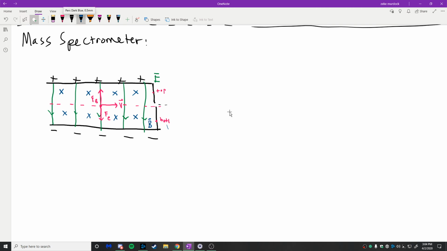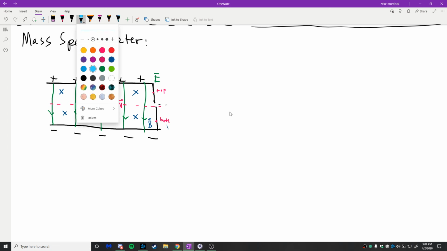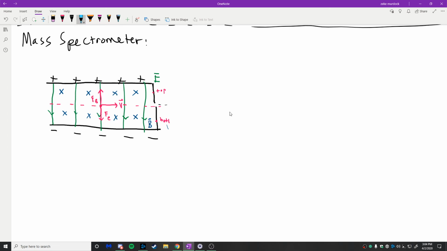And then the next thing we need is a secondary magnetic field once they actually exit. So we'll use light blue for this. Let's say in this regime over here that the magnetic field came out of the board. So we've got a magnetic field over here that comes out of the screen. We'll call it B prime, and we're going to say that it points outwards.